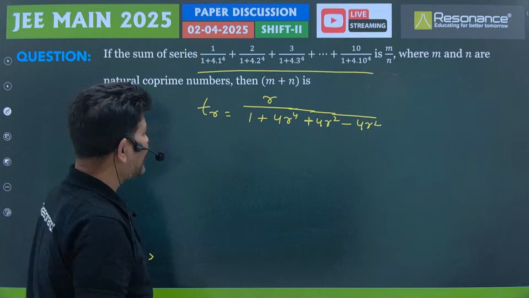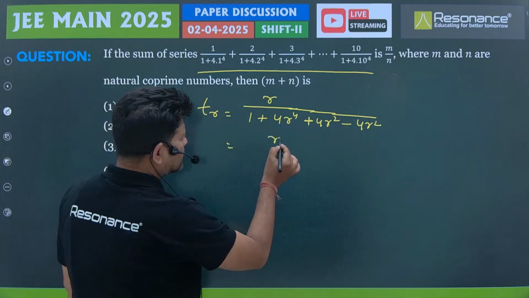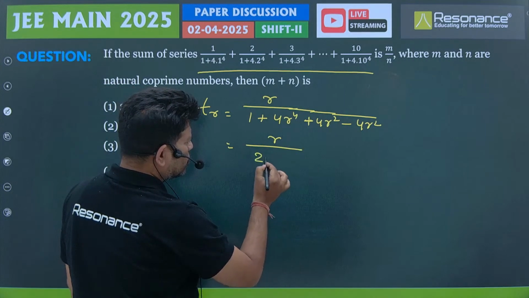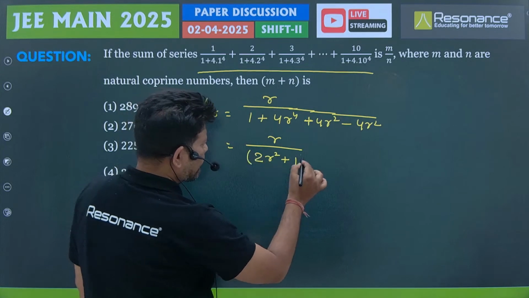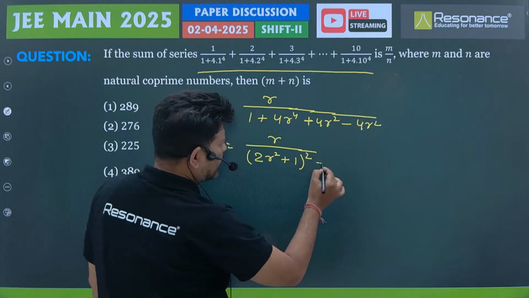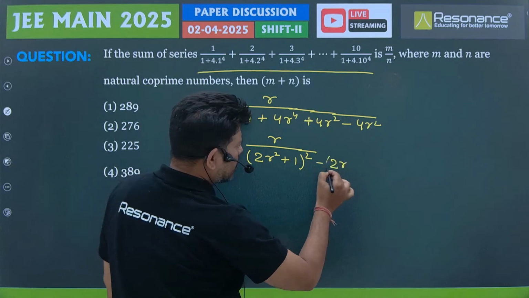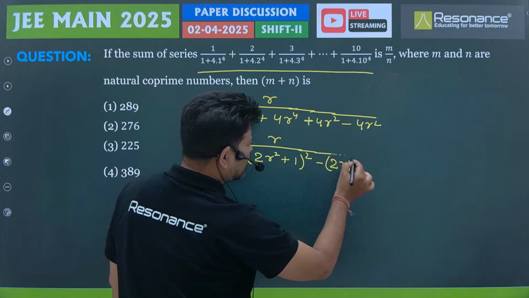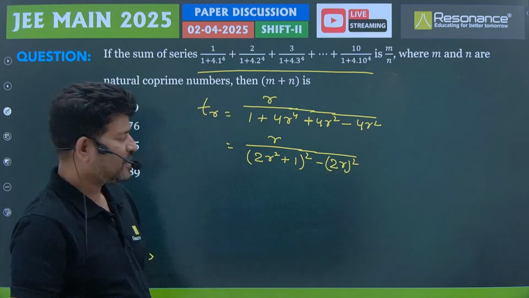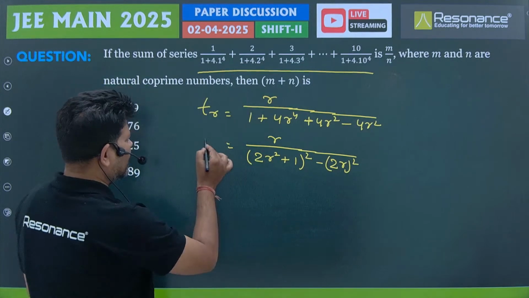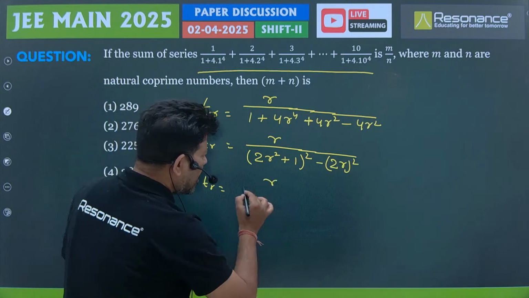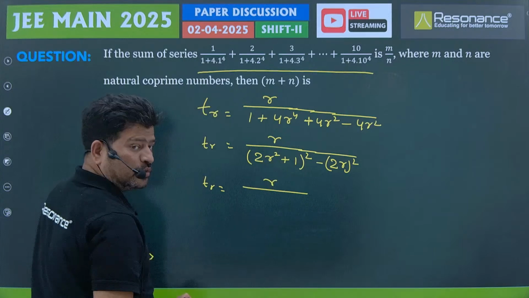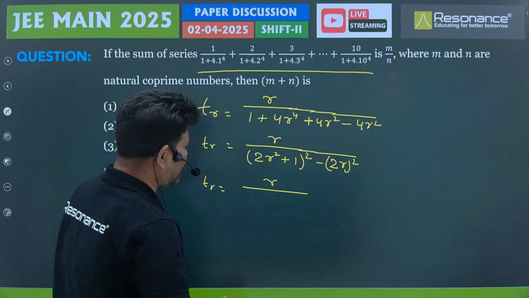Why can we write like that? (2r square plus 1) whole square minus (2r) whole square we can write. If we write this as Tr, then r by this, you can expand using the a square minus b square format.